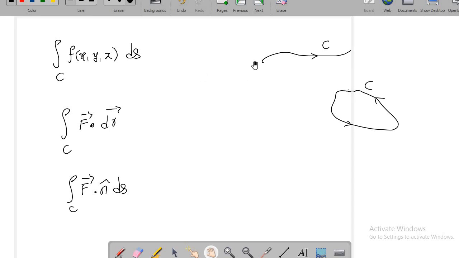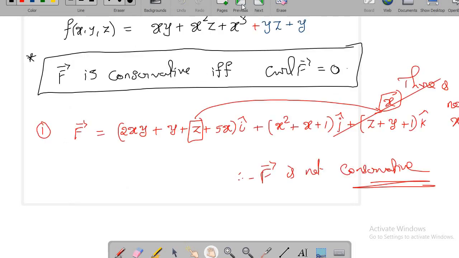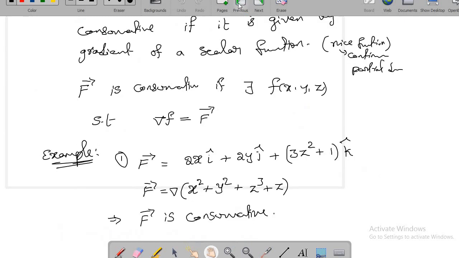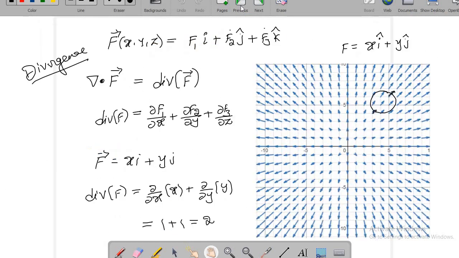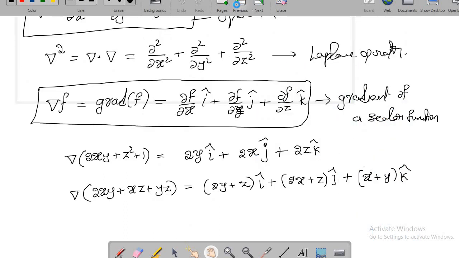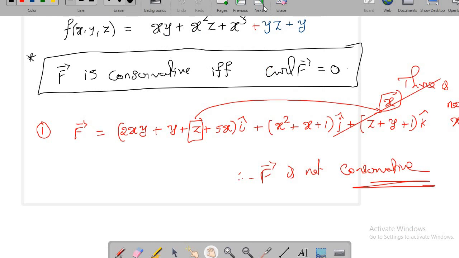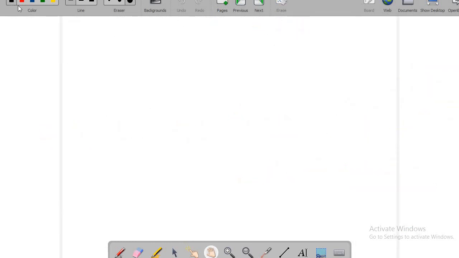And did I talk about directional derivatives in the last class? I think I didn't solve any problems on directional derivative, just I mentioned how to find. Let me do one thing. Let me just quickly tell you how to find the directional derivative, and later I'll move to this line integrals.